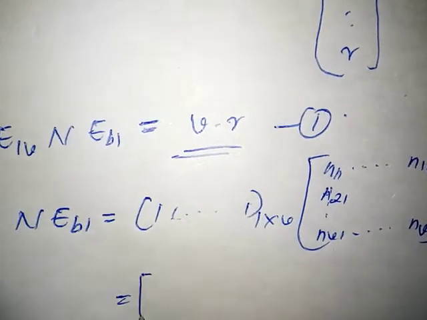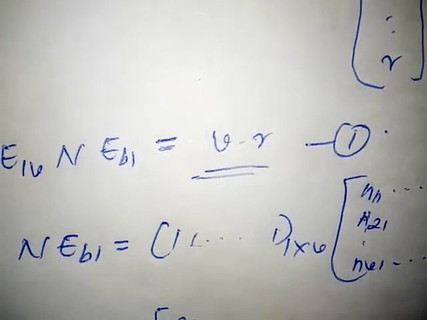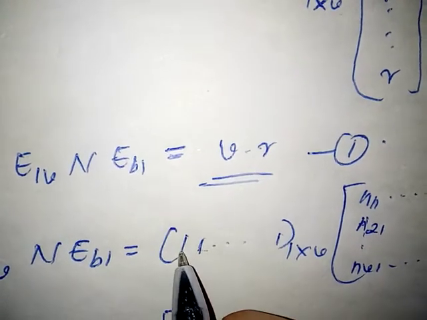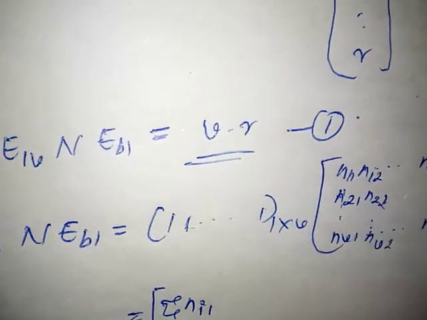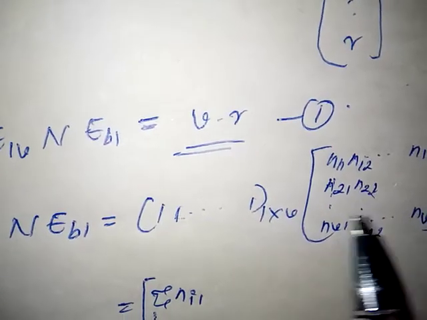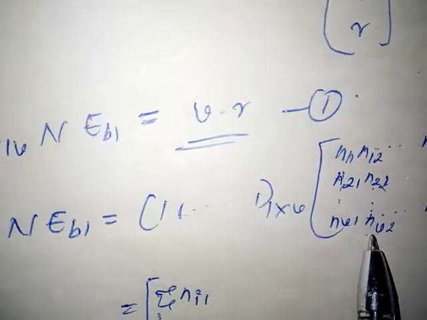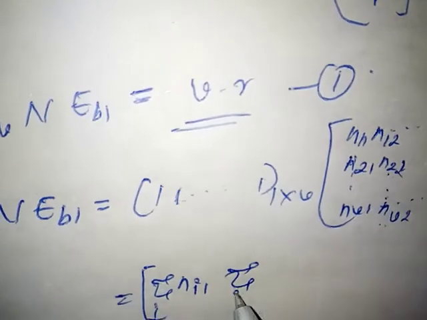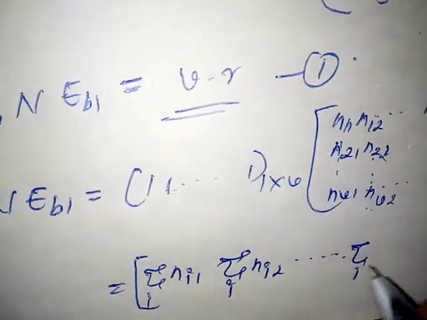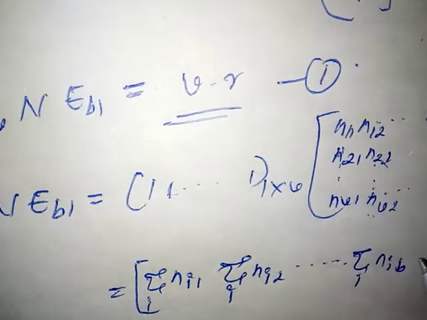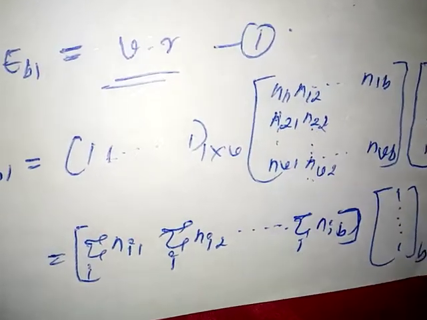What is the answer for that? It is summation over i of Ni1. Similarly the second, 1 into N12, N22 so on Nv2, is summation over i of Ni2, so on summation over i of Nib, with the same 1, 1 column vector of order b cross 1.